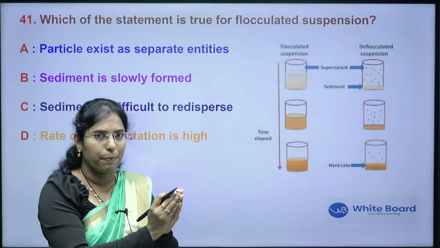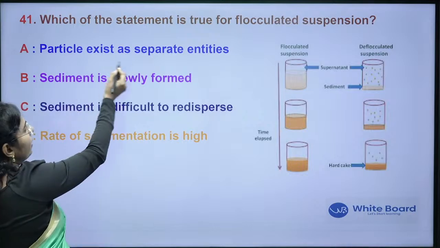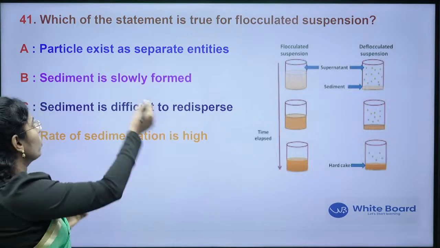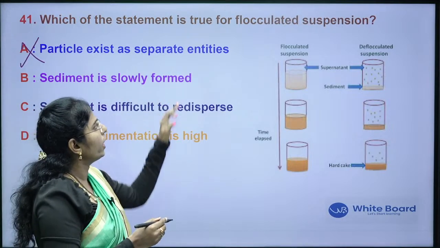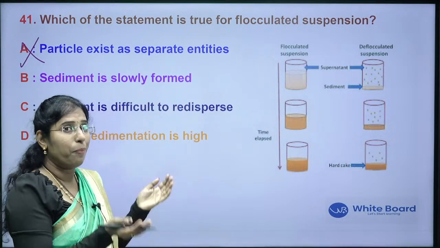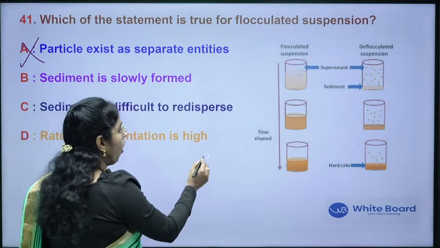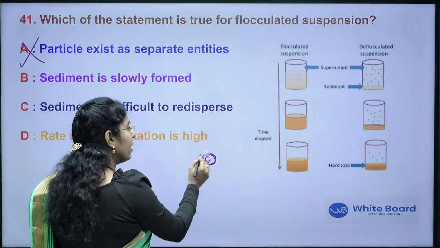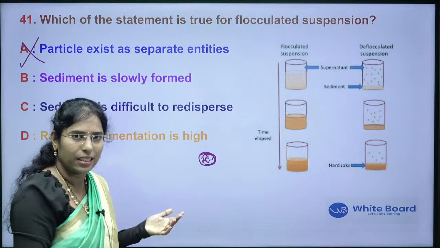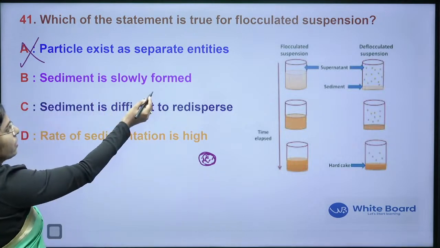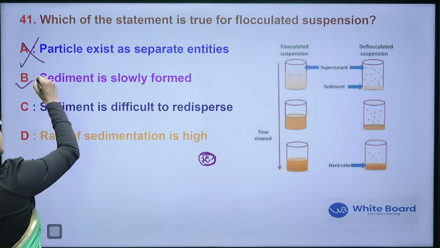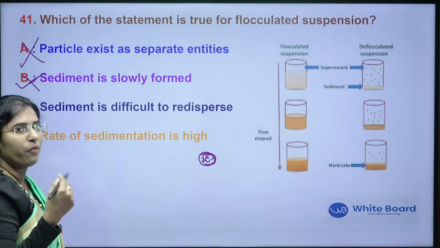So this is wrong. Next, sedimentation is slowly formed. No, if particles are aggregating, the size of the particles will increase so that they settle very fast. So sedimentation will be very fast.